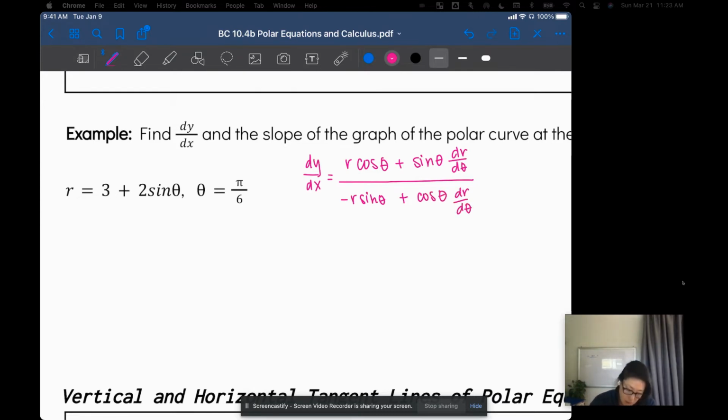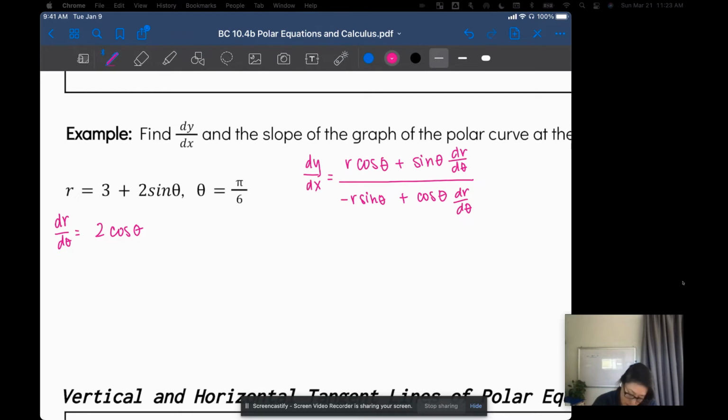I see that I need the derivative of r with respect to theta, so dr d theta is equal to 2 times cosine theta.